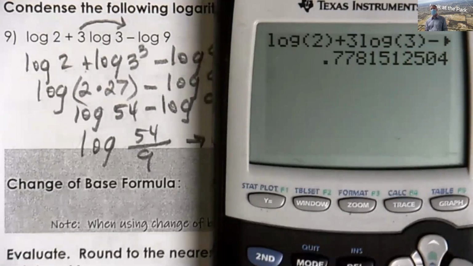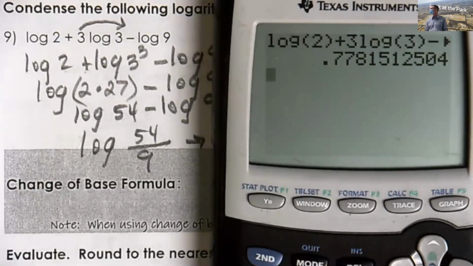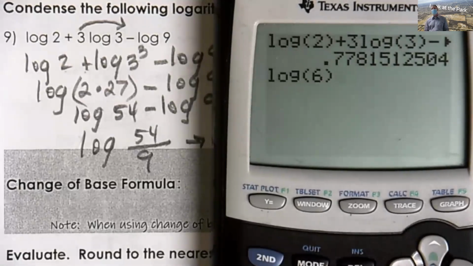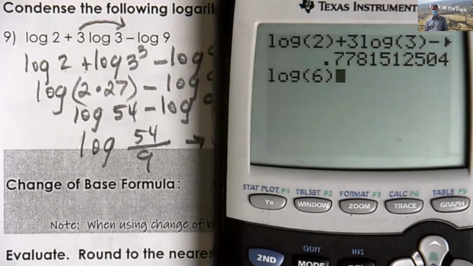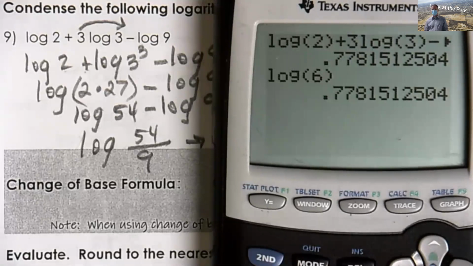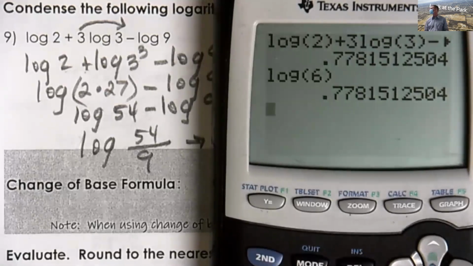Okay, and we get a crazy decimal. Well, we could go down and do our final log base 10, the common log of 6, and that should have the same exact decimal.